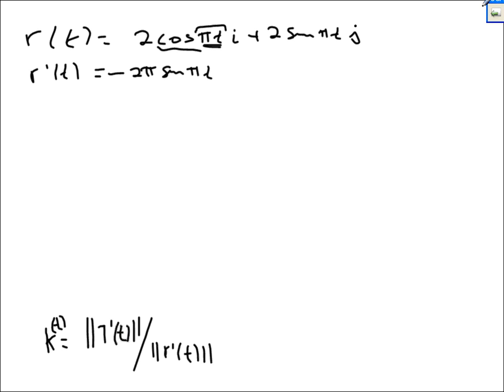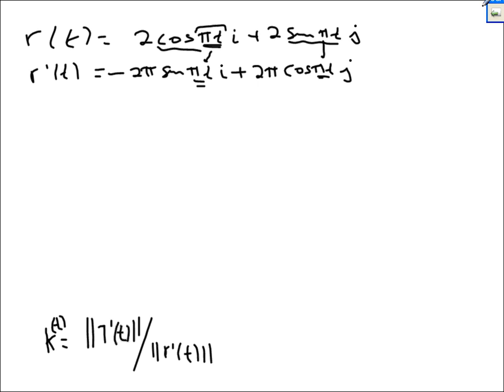And with respect to t, the derivative of that angle is pi. Plus 2 times the sine of that angle. The derivative of sine of any angle is cosine of the same angle times the derivative of the angle. The angles never change.